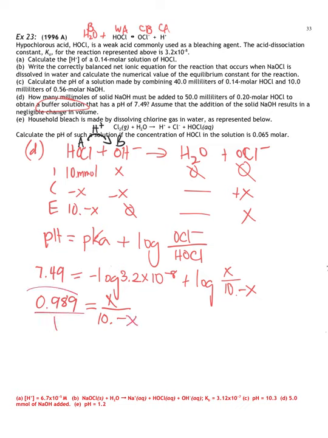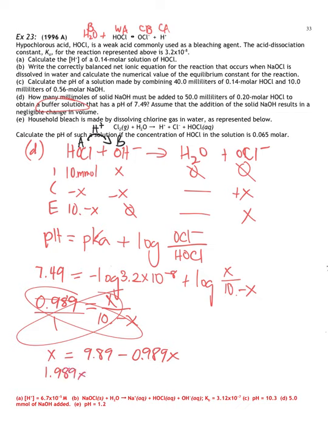And then I like to cross multiply and do math as I normally do math, which is algebra. And then I multiply this, I get 9.89 minus 0.989 times x. So bringing the x's over, I get 1.989x equals 9.89.